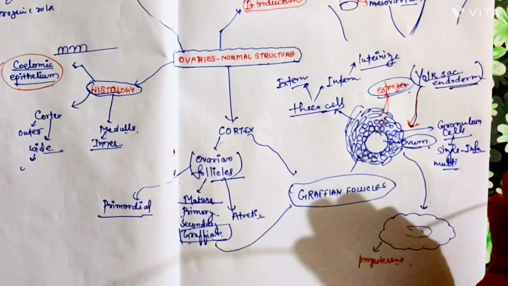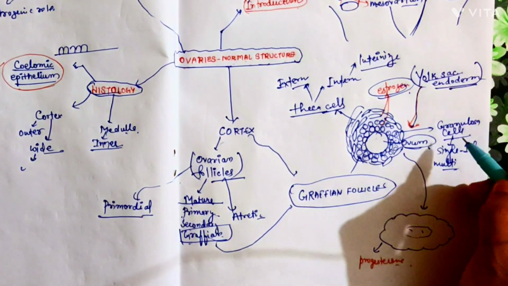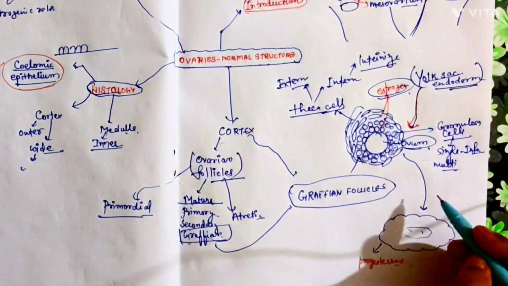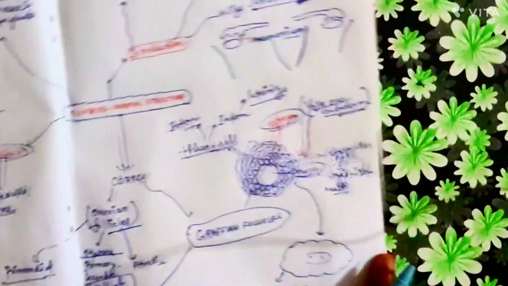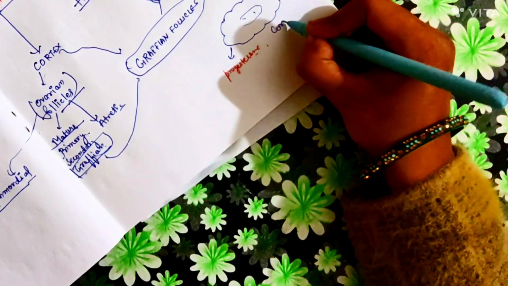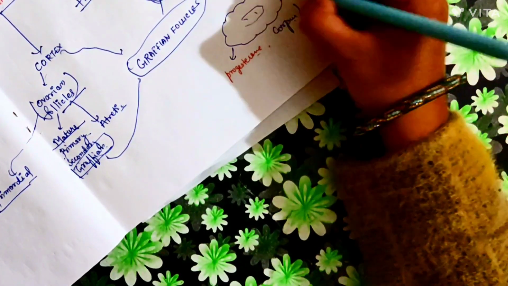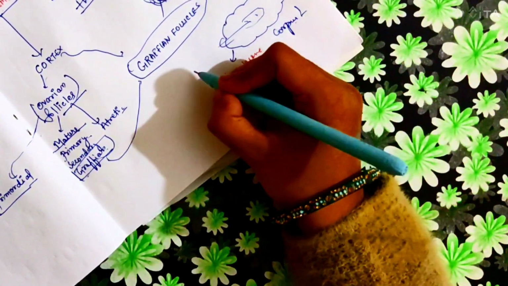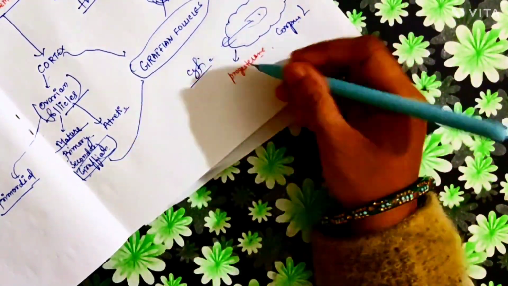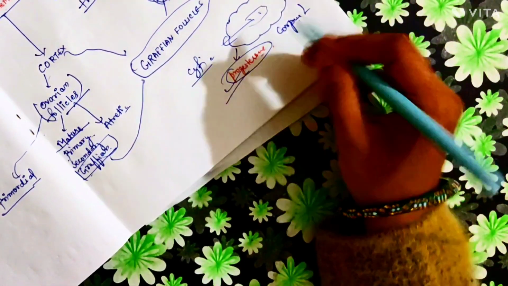During the menstrual cycle, these Graafian follicles rupture to release the ovum and are converted into corpus luteum. This corpus luteum is a yellow, lobulated structure, and in the center it contains a cystic cavity and it produces progesterone.